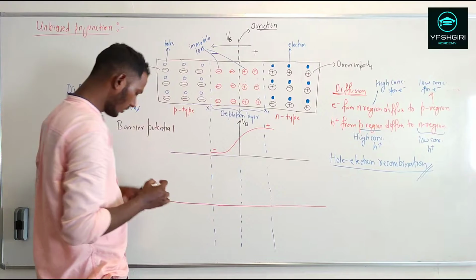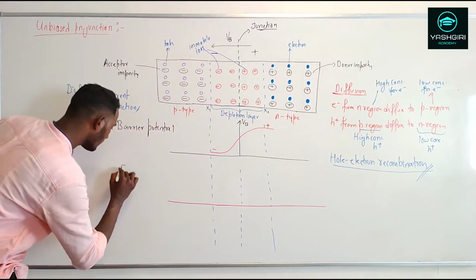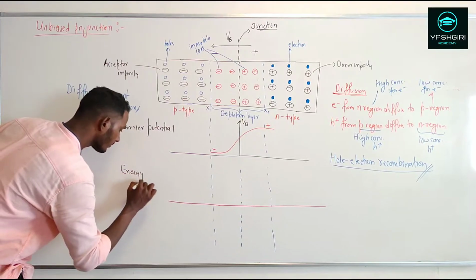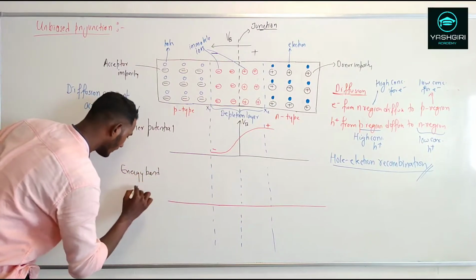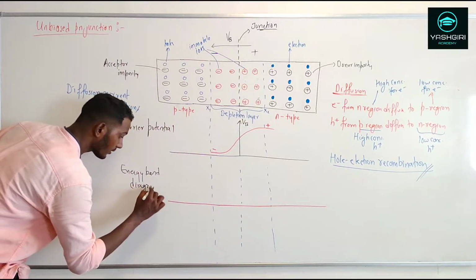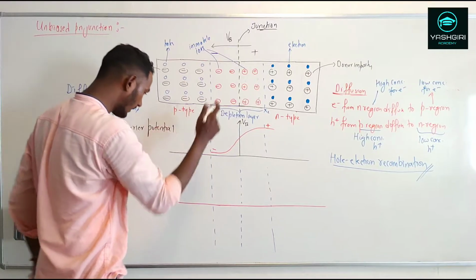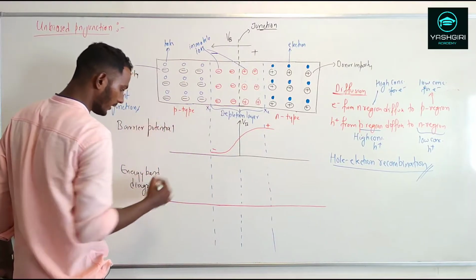Or else if I want to show the same thing in terms of an energy band diagram, this is my energy band diagram. This side I have a p-type. Let me draw the energy band diagram for the p-type.